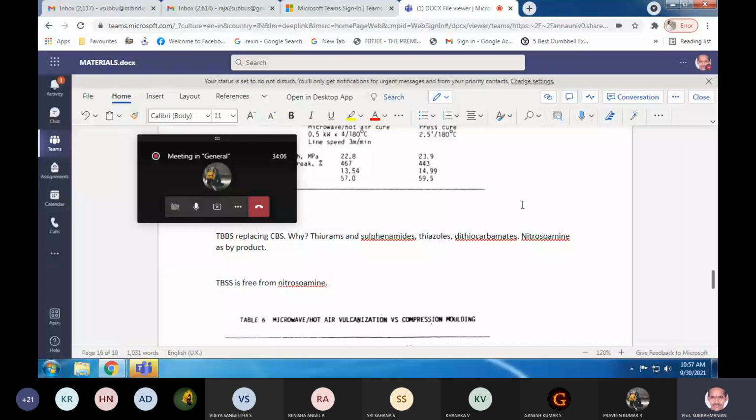All right. So the order of addition does matter, not only in the open mill mixing, even in the internal mixing also. So that is one aspect. When it comes to the health hazard, that is during the course of compound preparation as well as product making, the fumes that are liberated can be harmful. One.